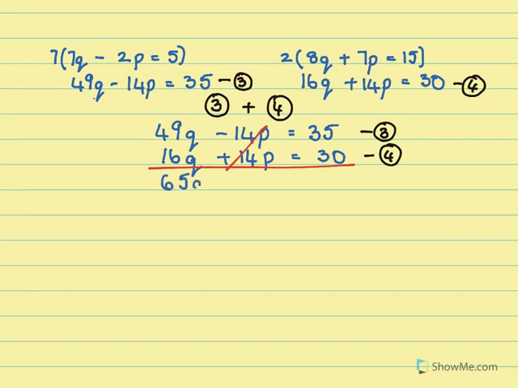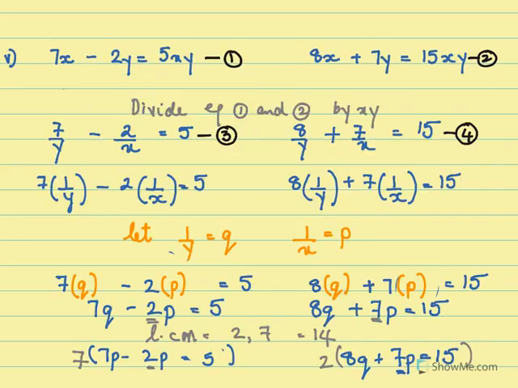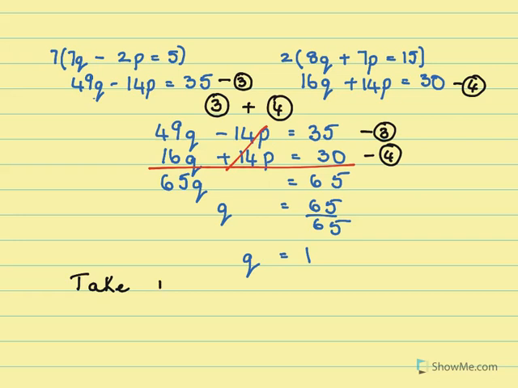So when you add this, you get 65q equal to 65. So q equals 65 over 65. q equals 1. Now we go ahead and find out the value of p. To find the value of p, this is our equation 1 and this is equation 2. We will take up equation 1 and substitute the values. So here we take equation 1, which is 7q minus 2p equal to 5.